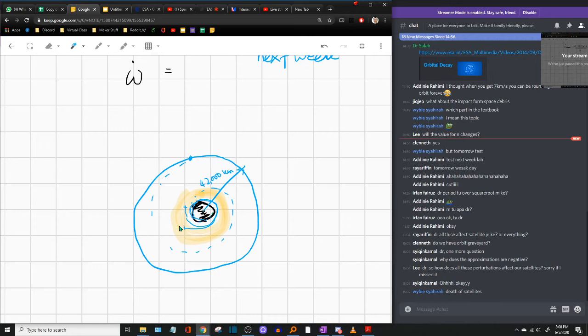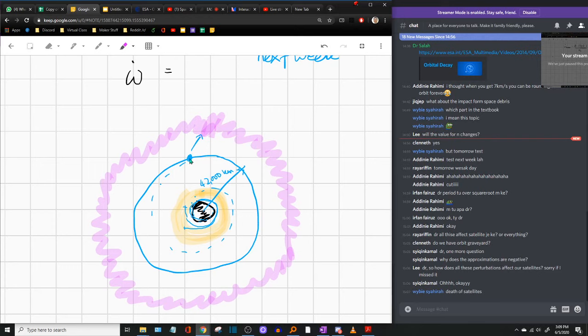If you have a satellite this far, you're going to have to kick the orbit further up to this very far away orbit. Let me show you this region with the red, blue. This region is just way too far from Earth.